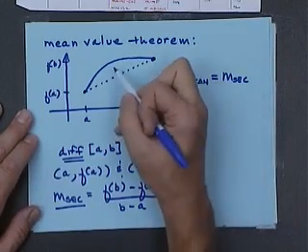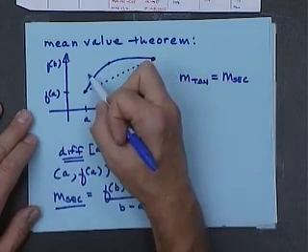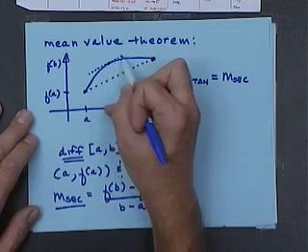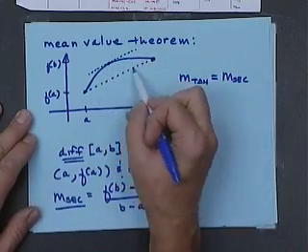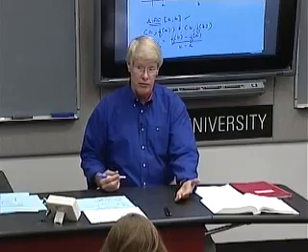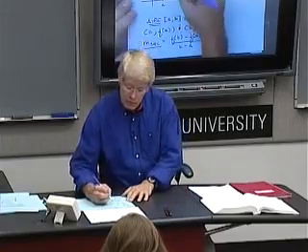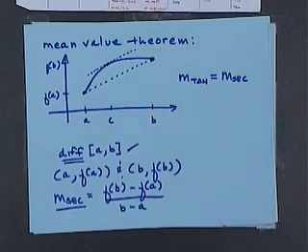So let me try to figure out where that is. Maybe it's here, where the slope of the tangent line and the slope of the secant line are exactly the same. So if I make them parallel, their slopes are the same, right? So this value is what they refer to in the theorem as c.